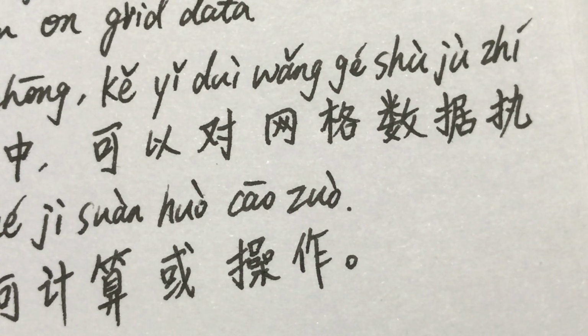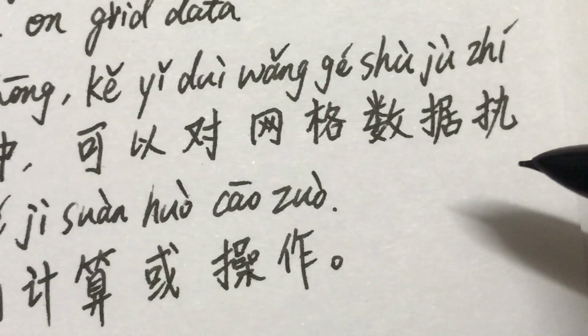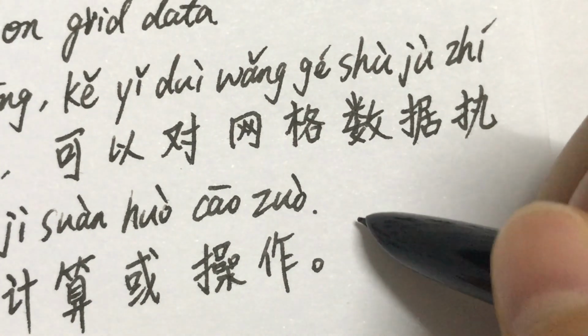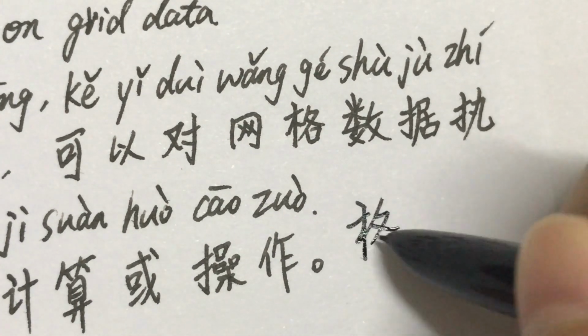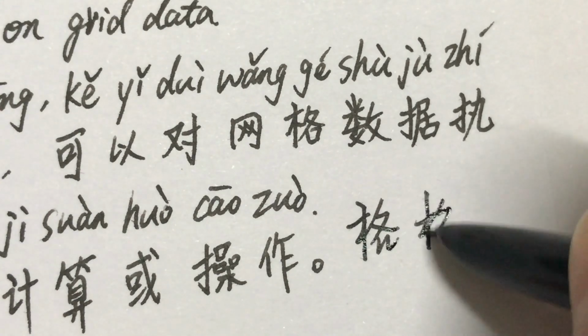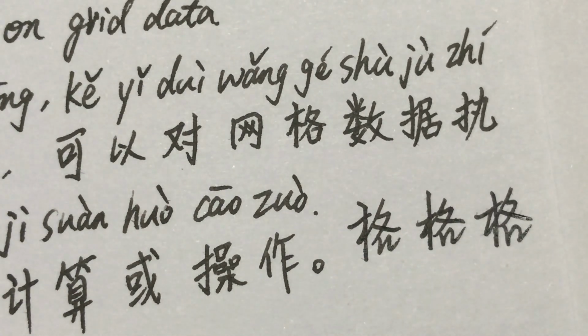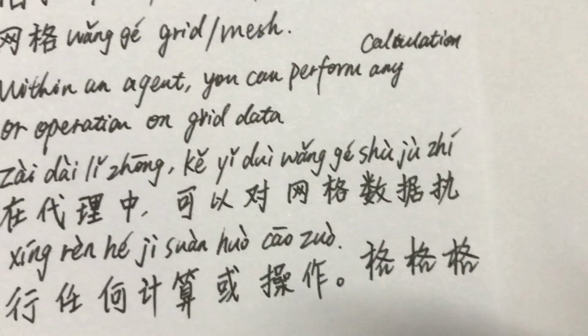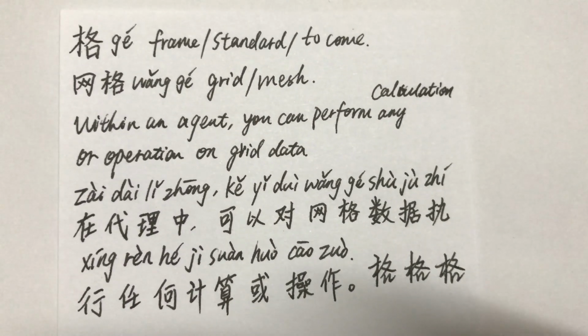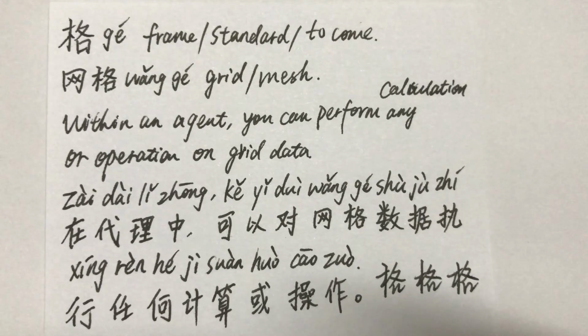在代理中，可以对网格数据执行任何计算或操作。My daily handwriting on the character 格: frame, standard, to comb, 网格 grid, mesh.